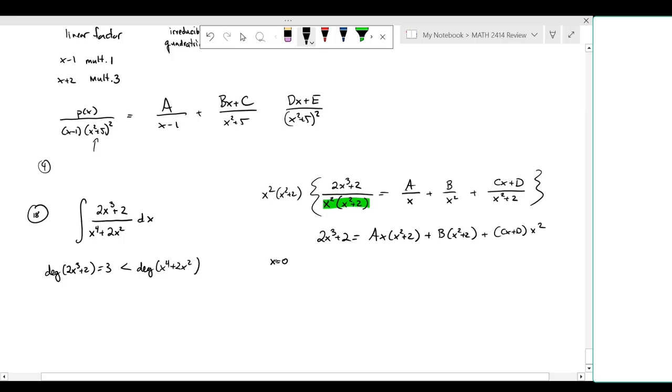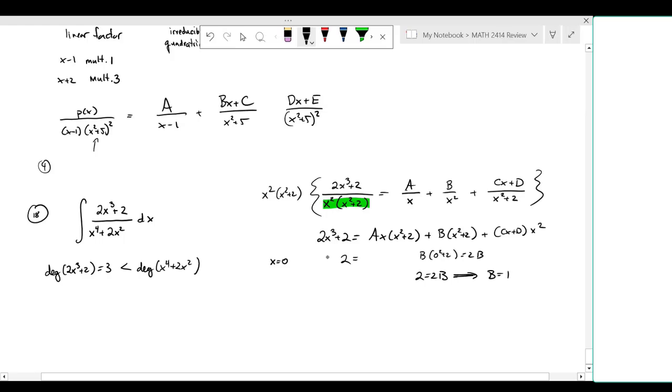Like if you let x equal 0, somebody's recommended we choose it to be 0 because you see a bunch of factors of x, which will zero stuff out. So if x is 0, the left-hand side here would be 2, and the right-hand side would be 2b. So b must be equal to 1.